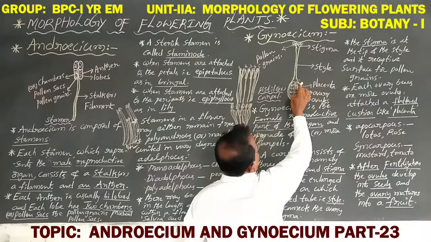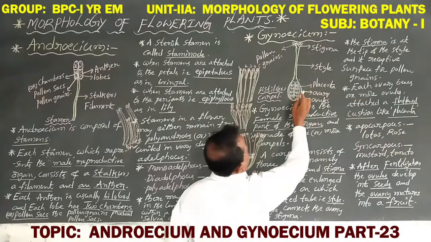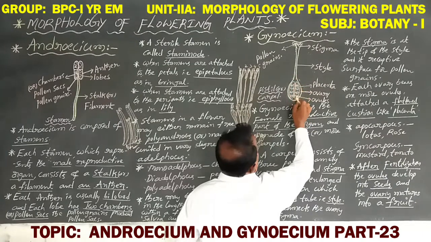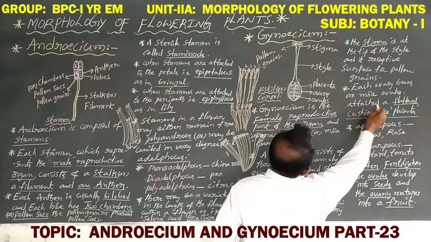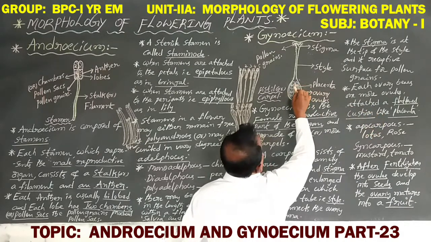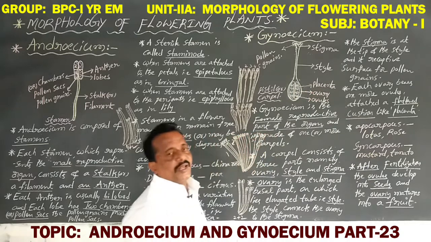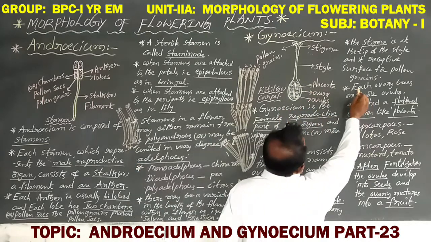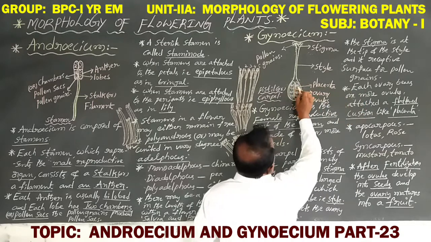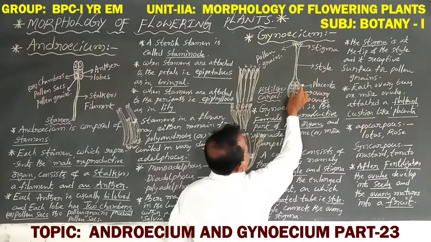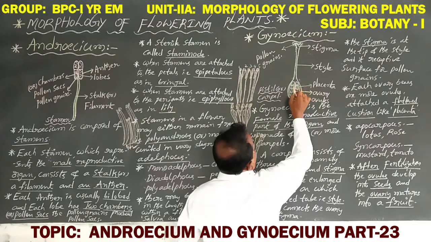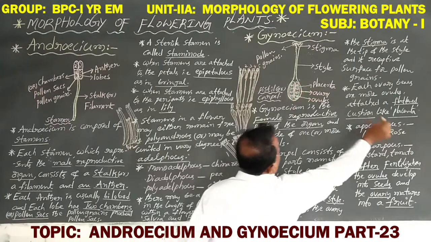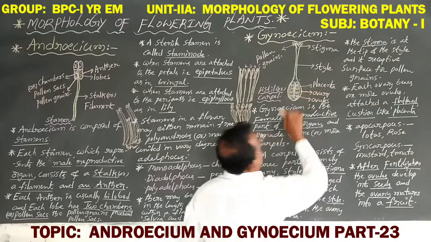Each ovary bears one or more ovules attached to a flattened, cushion-like structure, that is called the placenta.